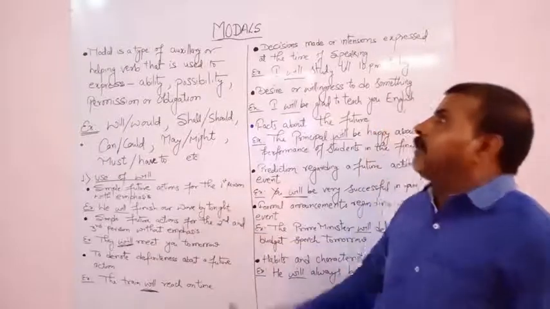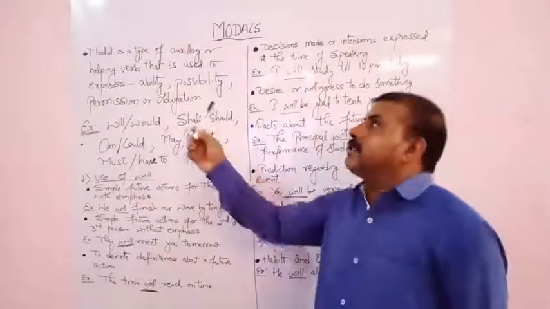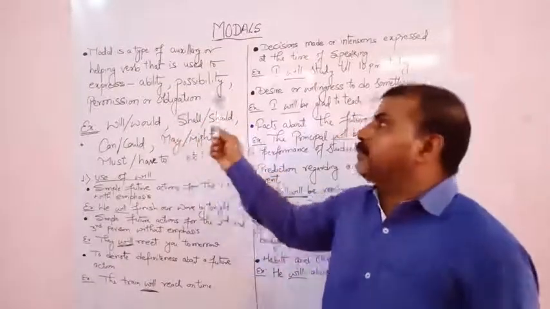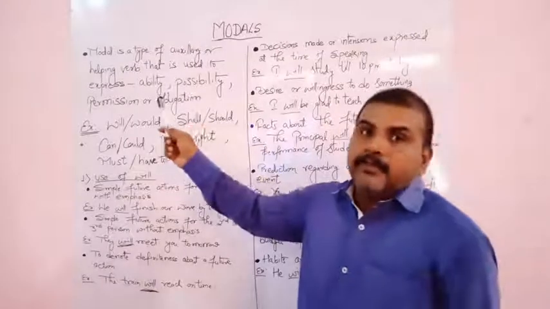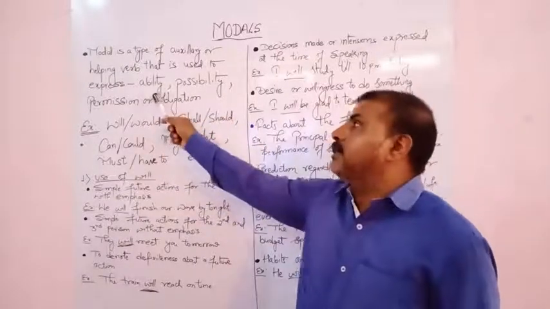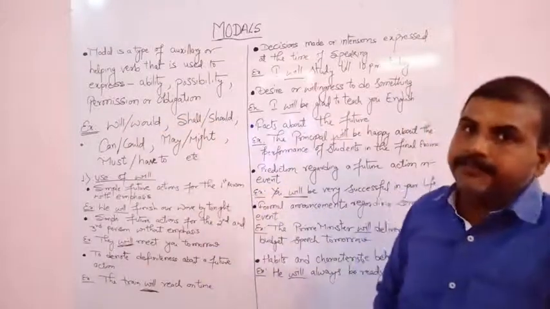So here, today's topic is modal. And what is a modal? It is a type of auxiliary verb or helping verb denoting the future action. And that modal, helping verb or auxiliary verb denotes what? Ability, possibility, permission or obligation.